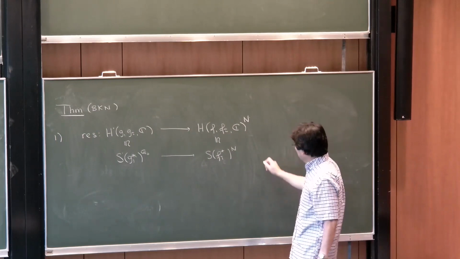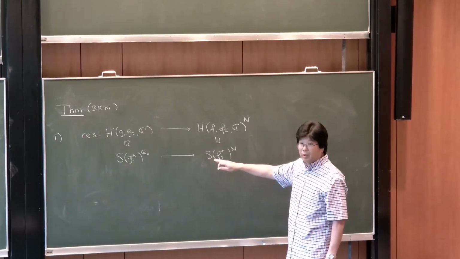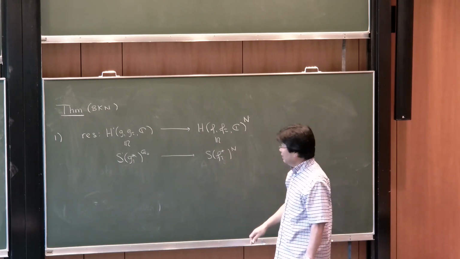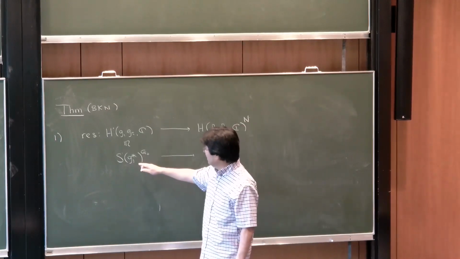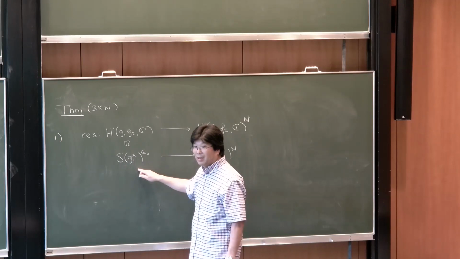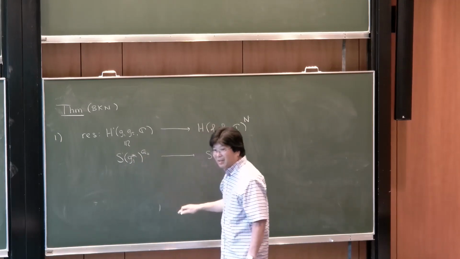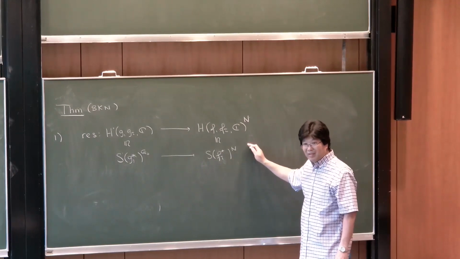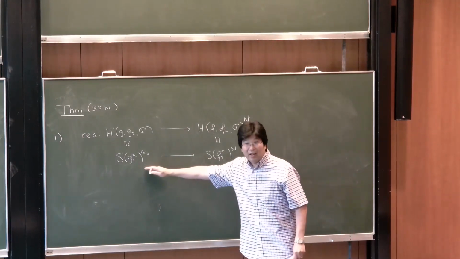Many people have seen this before in Lie theory. It looks very much like the Chevalley restriction theorem. If you take a semi-simple Lie algebra, you take the symmetric algebra on the Lie algebra with the G invariants, it identifies with the symmetric algebra on the torus with the Weyl group invariants. So this is sort of analogous to that.